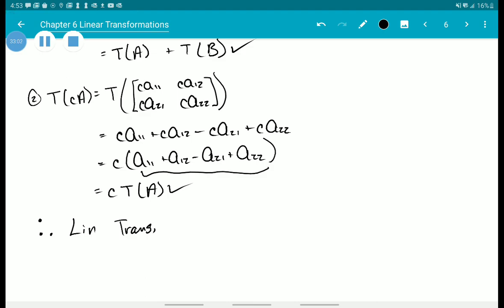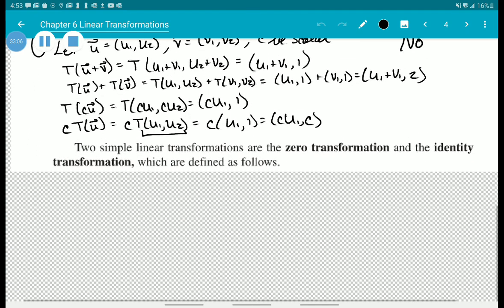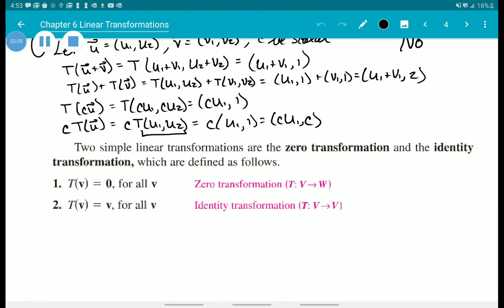So we've looked at several examples that are linear transformations. Now I want to talk about two simple linear transformations, and they are the zero transformation and the identity transformation. So the zero transformation will take any vector and map it to 0. If we were to look at something like that, it could look this way.